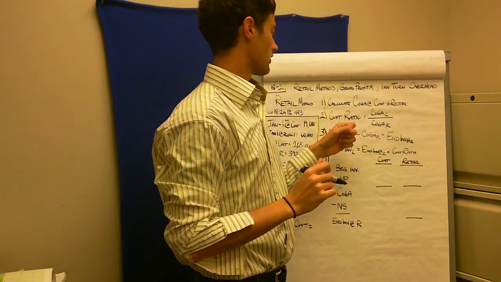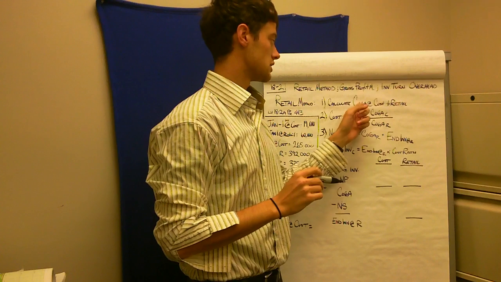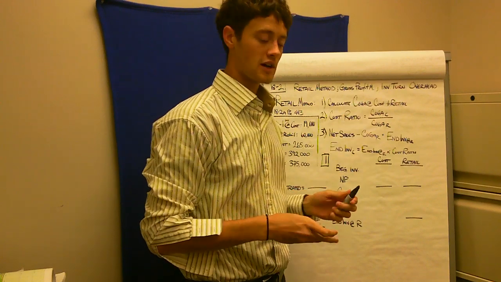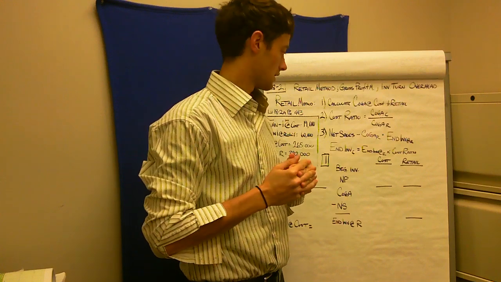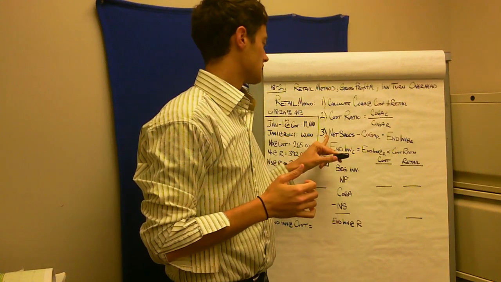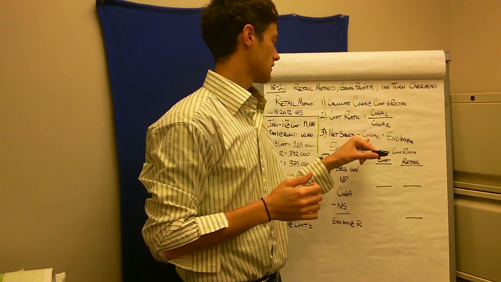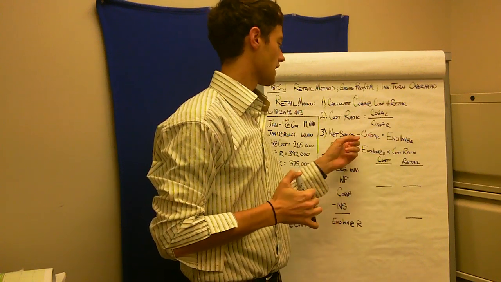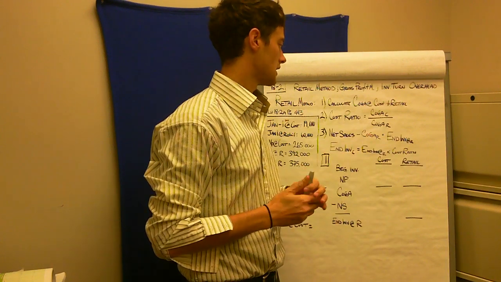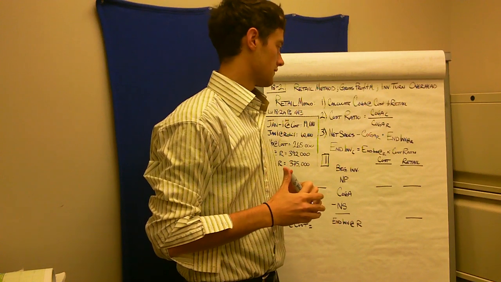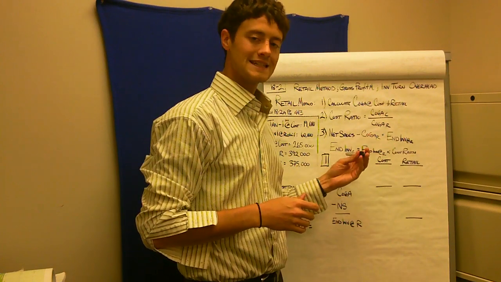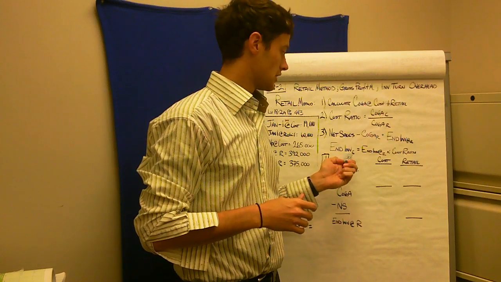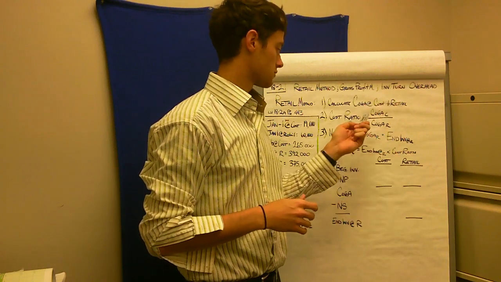Then you figure out your cost ratio, which is the cost of goods available at cost divided by the cost of goods available at retail. Then you subtract your net sales from your cost of goods at retail to get your ending inventory at retail. And to get your ending inventory at cost, you multiply that by the cost ratio.